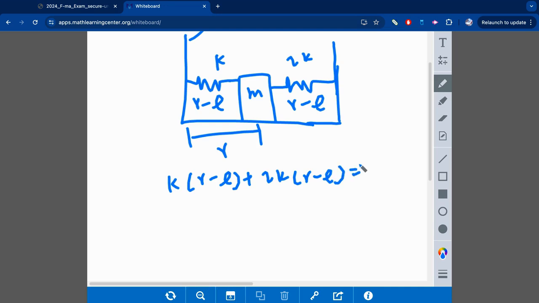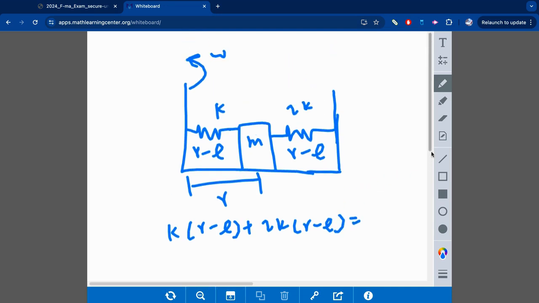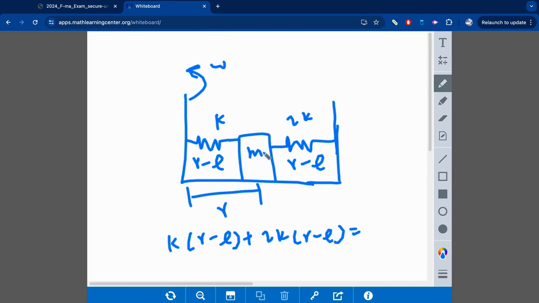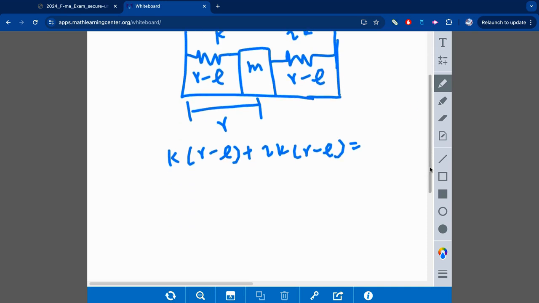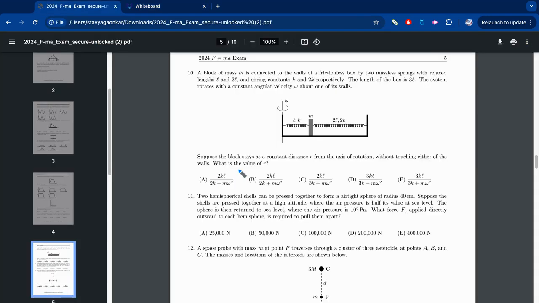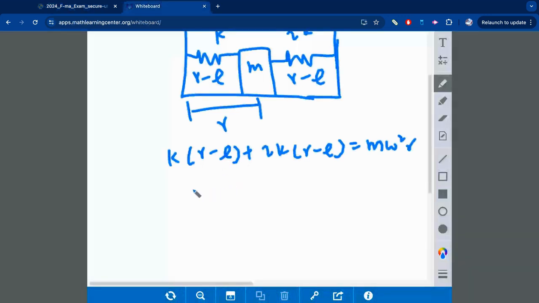And so this force would be equal to the necessary centripetal force for this block to rotate, which would be m w squared times r. Now we're asked to find the value of r, so we can isolate it. 3kr minus 3kL equals m w squared r.